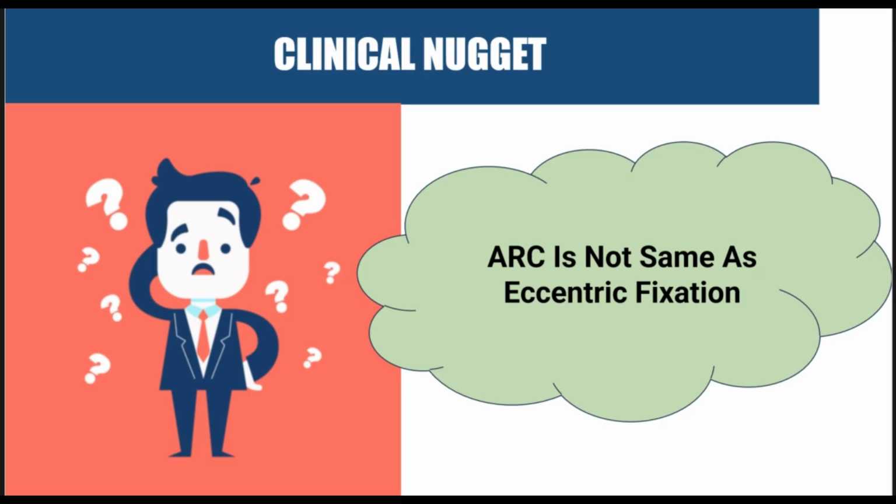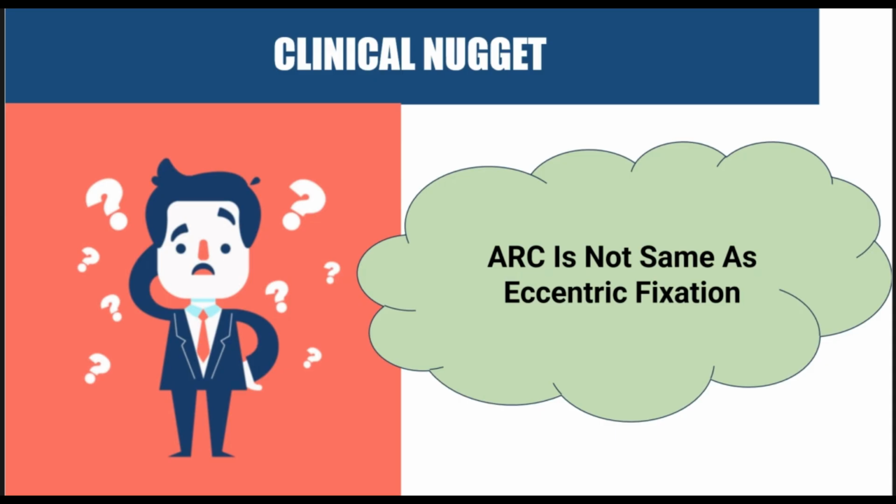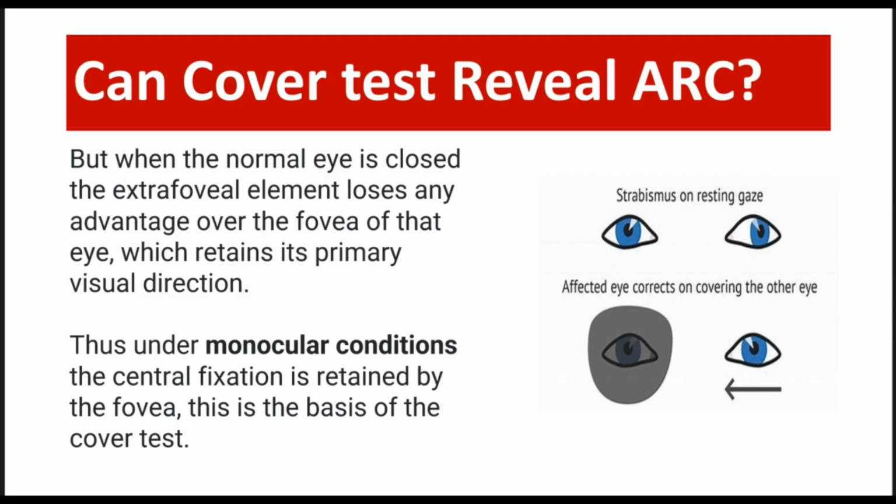Let's talk about another important clinical nugget. Many of you get confused between abnormal retinal correspondence and eccentric fixation, saying that here also we have an eccentric point which is taking the position of the fovea. However, there is a difference between abnormal retinal correspondence and eccentric fixation.